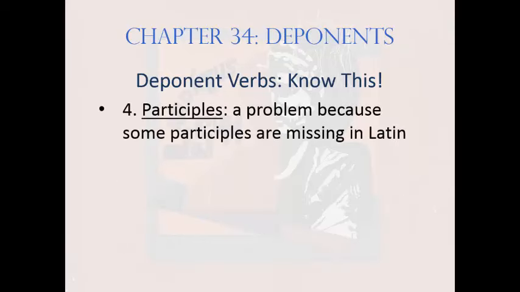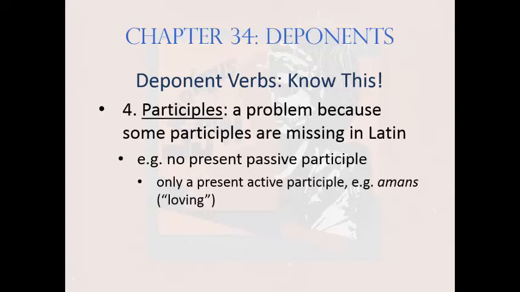Participles. Here's another thing to remember. Latin doesn't have all the participles it could have, and that complicates the deponent situation. What do you do with deponents when the present passive participle is missing? When the only present participle is active, like amans, loving?